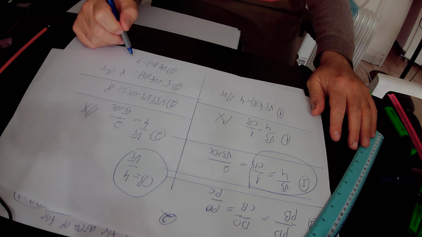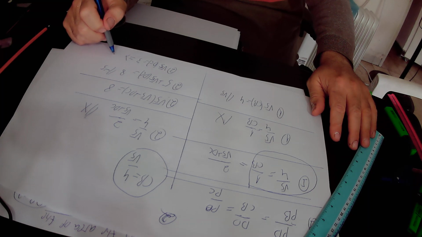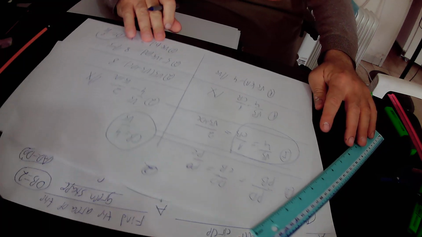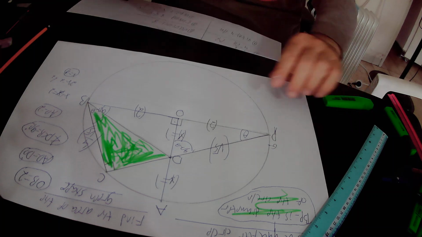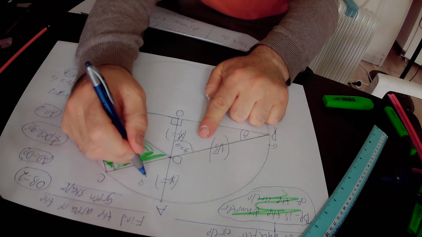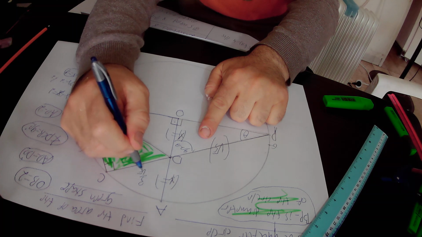So here we divide this equation 2 by square root of 5, and finally we get that DC equals 3 over square root of 5 units in its length. So actually this is side DC, and it equals 3 over square root of 5 units in its length.